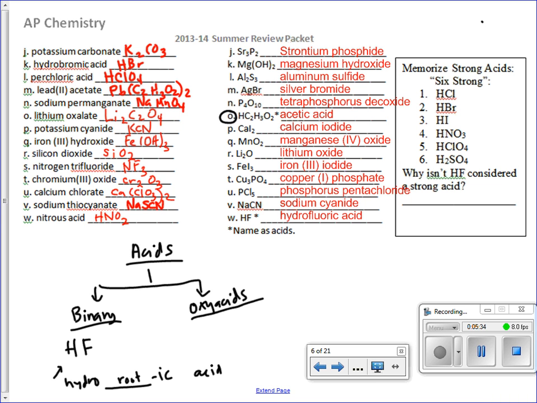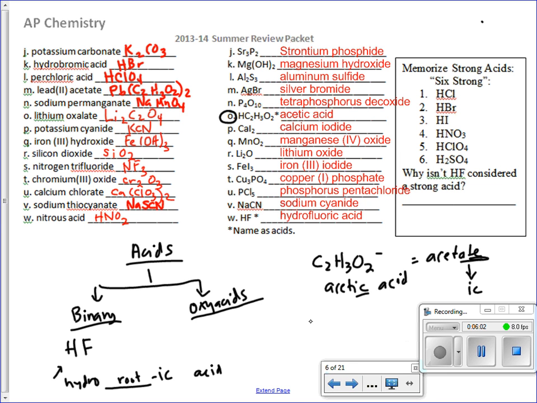So if we come up here to look at letter O, the way that we name oxy acids, you find the name of the polyatomic present, and so in this case you should recognize that C2H3O2- is called acetate, and if it ends in ate, the ates become ics, so that's how it becomes acetic acid.